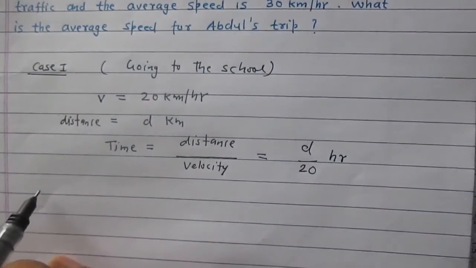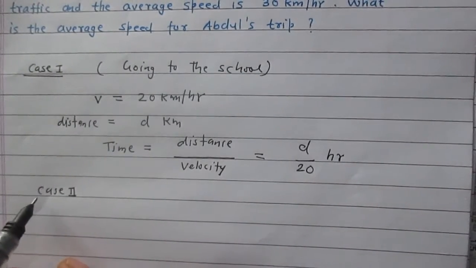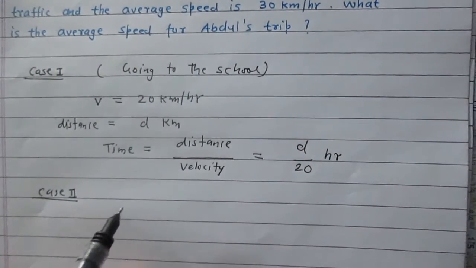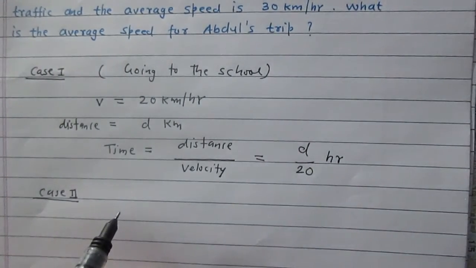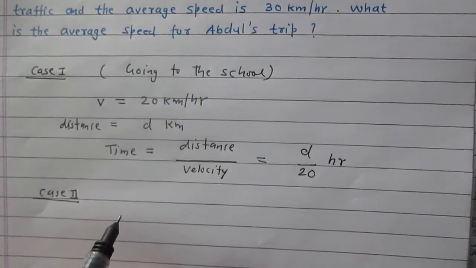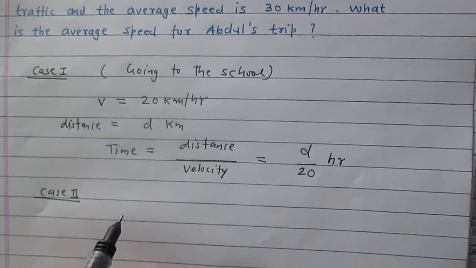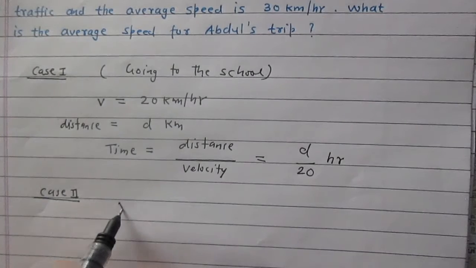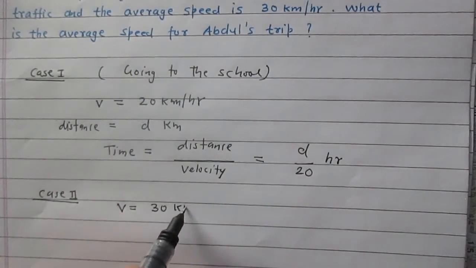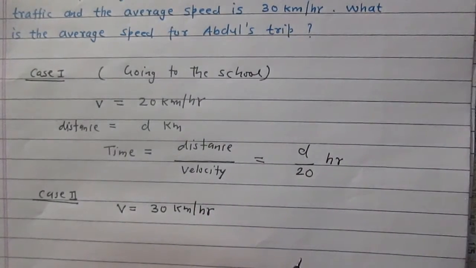Similarly, we can find in case 2, when Abdul was returning from school, we can say that the distance will remain the same because it is mentioned that Abdul has followed the same route, and the average speed this time was 30 km per hour due to less traffic.